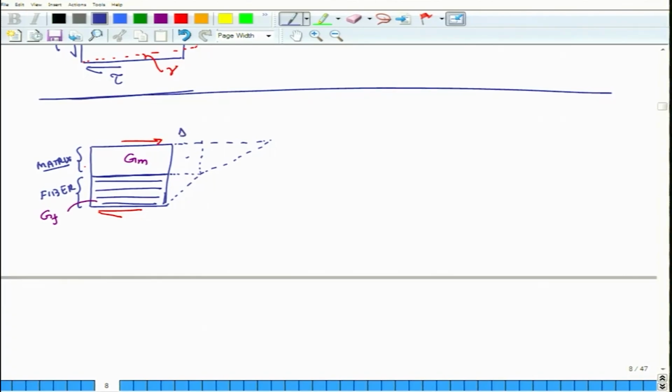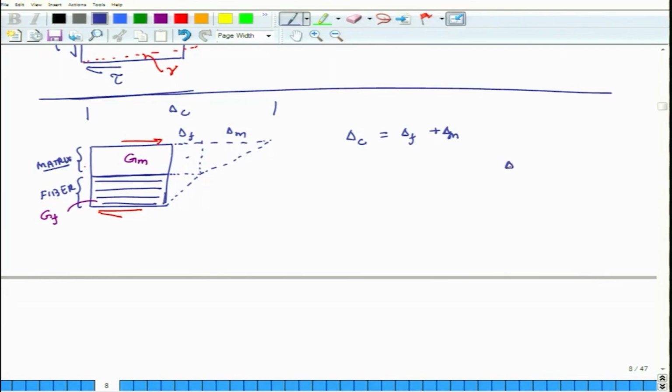Let us say this deformation is delta F, this deformation is delta M, and the total deformation of the system is delta C. So, delta C equals delta F plus delta M.